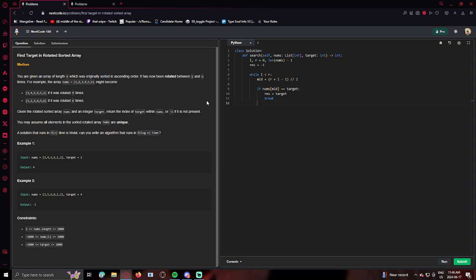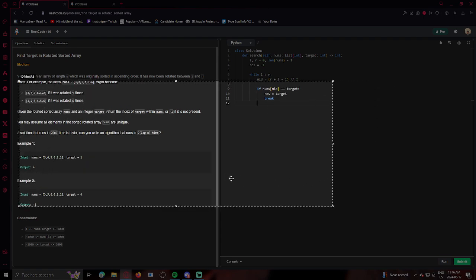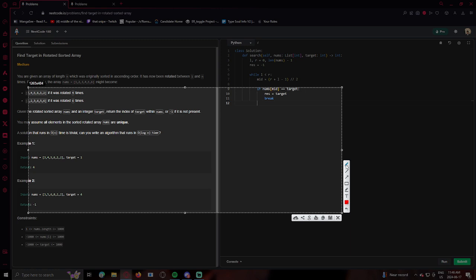and then else, so in a different else statement, we're gonna do the barriers. It's probably gonna be the same thing. If we have 3, 4, 5, 6, 1, 2, and we're searching for 1, we're gonna look at R over here and L over here. Mid is gonna be, I think, this one.